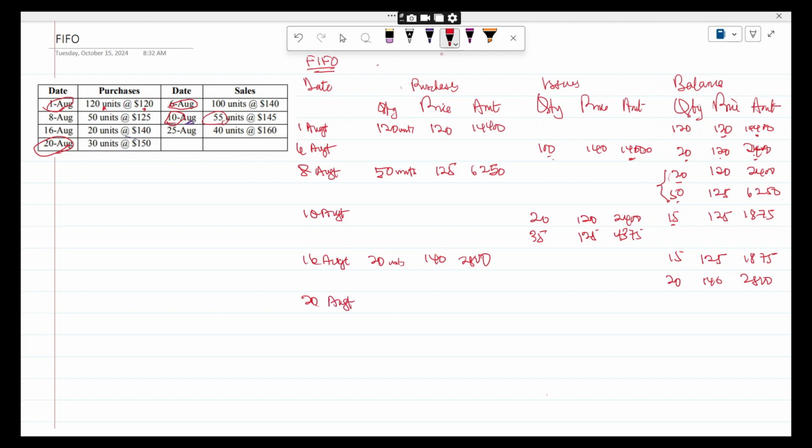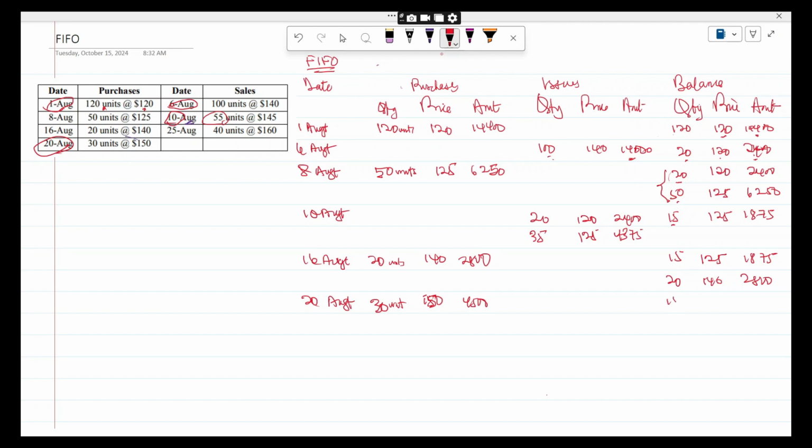On the 20th of August, we also bought 30 units at 150. So 30 times 150 is 4,500.